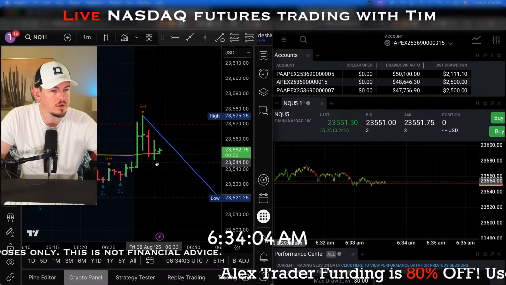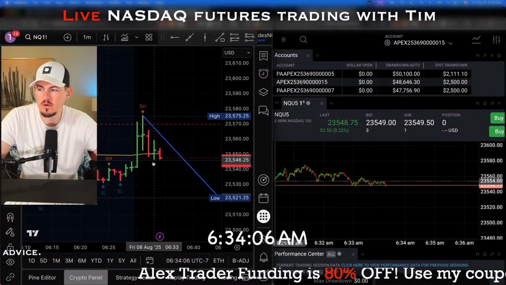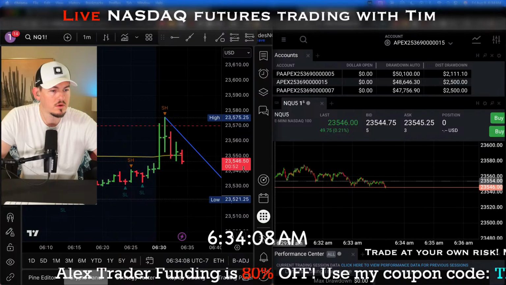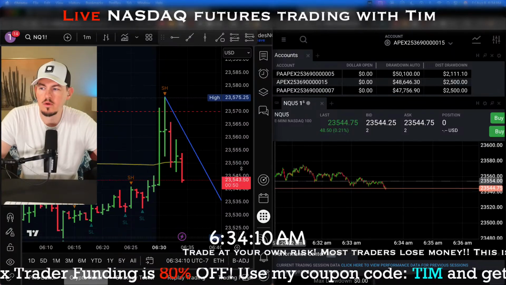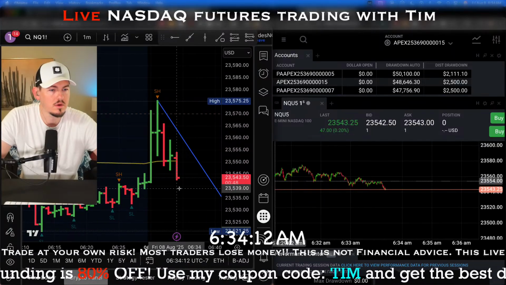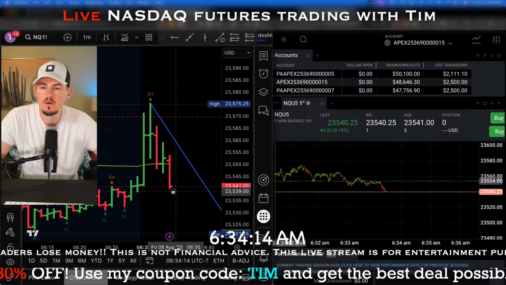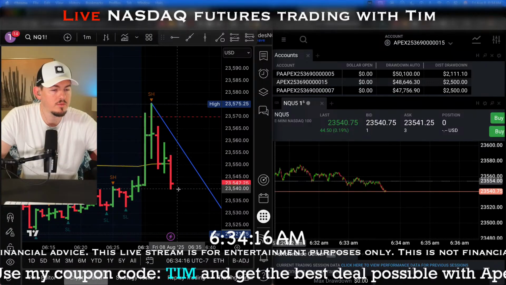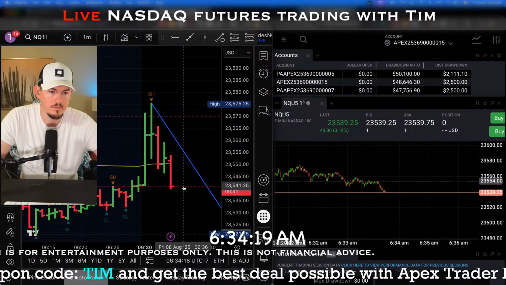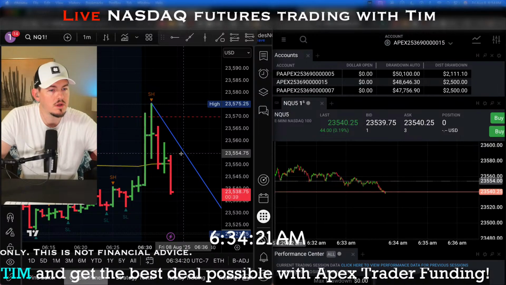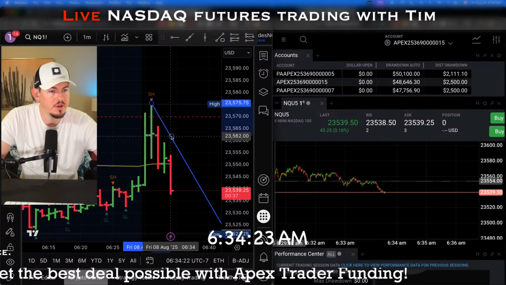Okay, that could be the swing low right there. Oh, nope. Not the swing low, because it's still pumping lower. Still pumping lower.